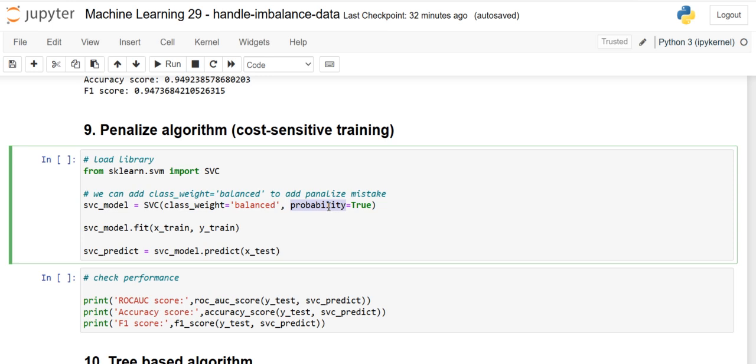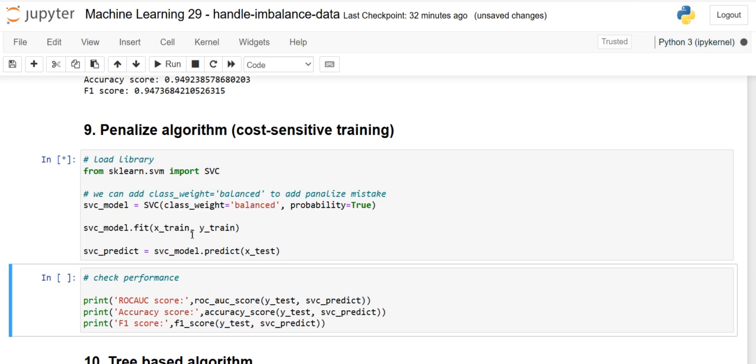And let's train the model using this penalized SVM on the original imbalanced data.